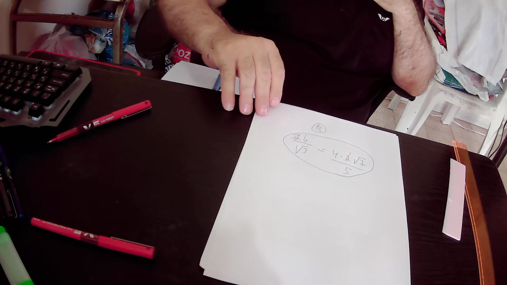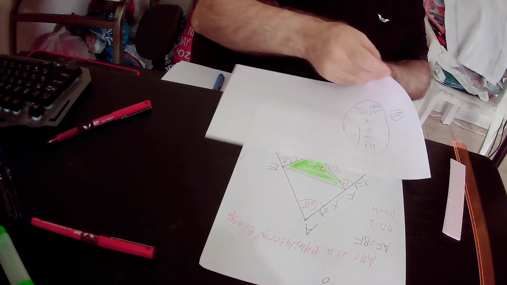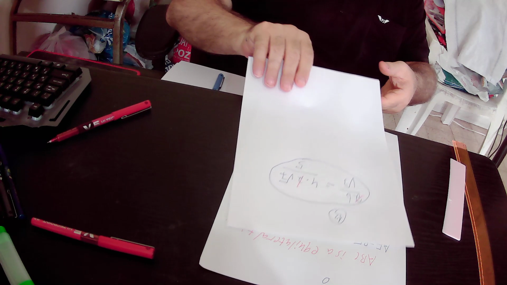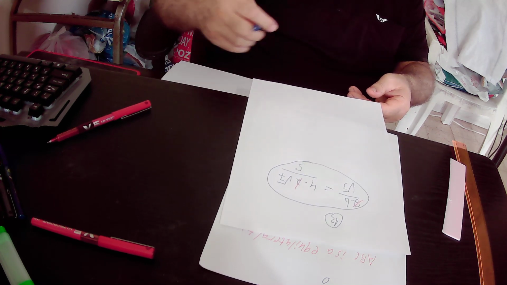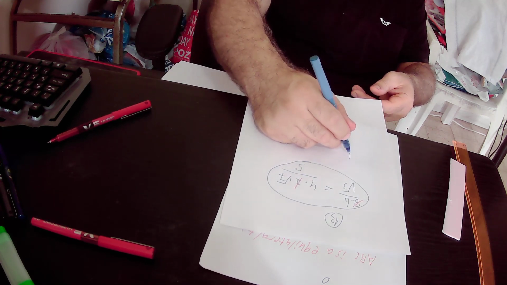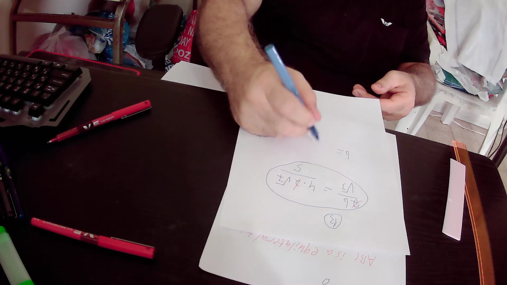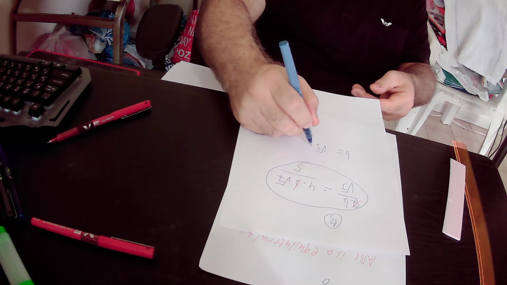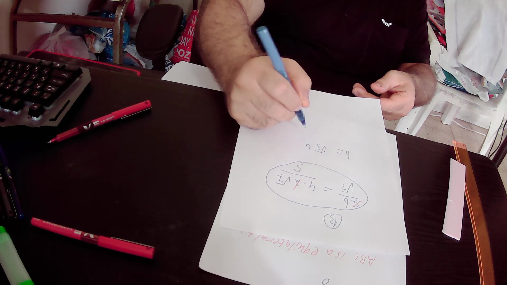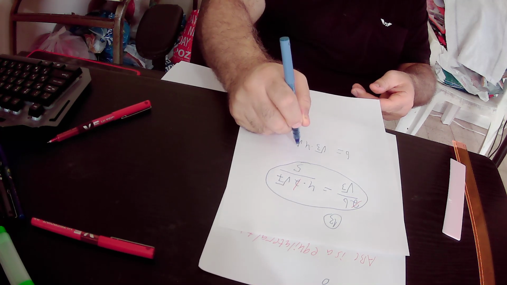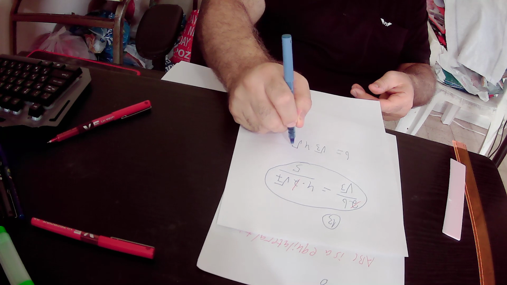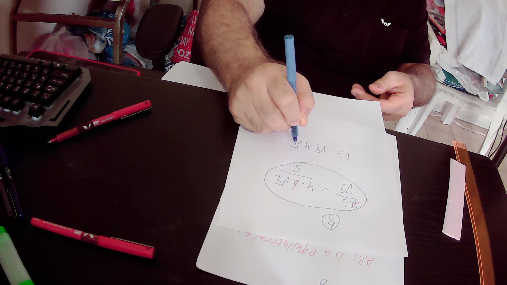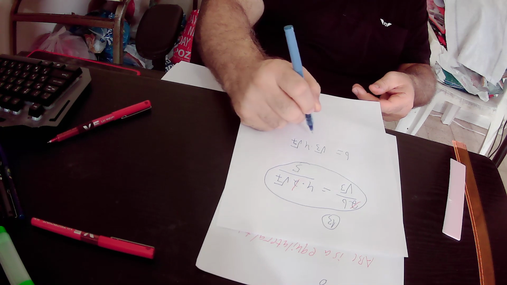Okay, so b will be equal to root 3 times 4 times root 7 over 5.